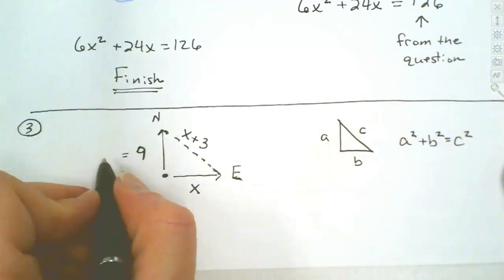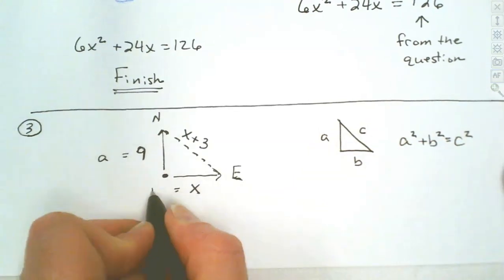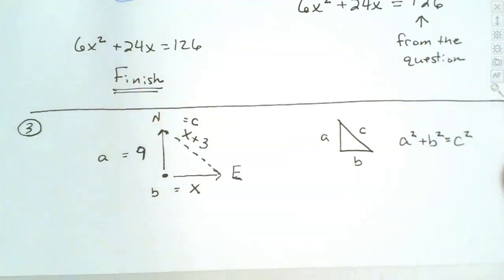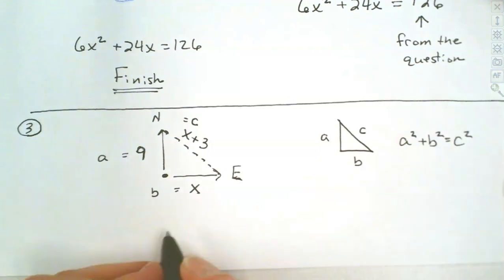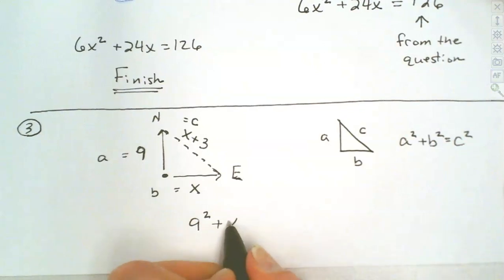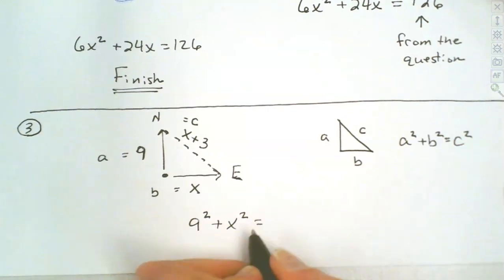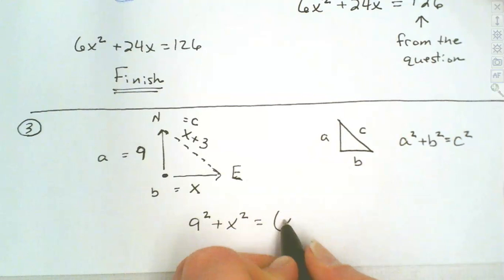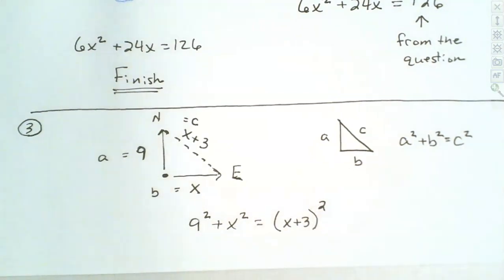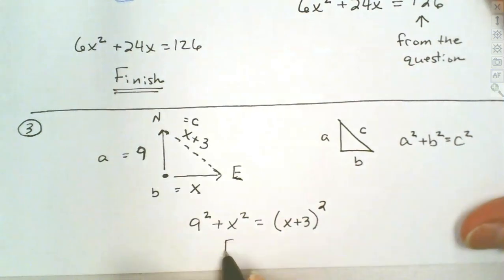And this is going to be our A, this one will be our B, and this one will be the C. So what does our equation look like? Well, using our formula here, it looks like we've got 9 squared plus x squared equals (x plus 3) quantity squared. And I think you can finish it from there.